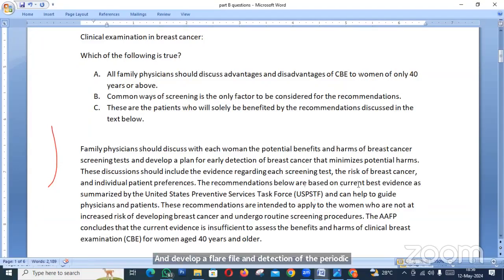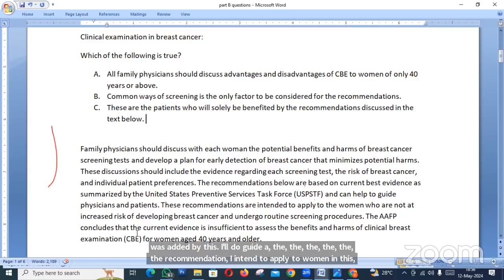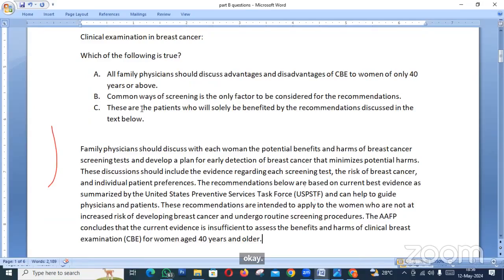These recommendations are based on current evidence, which concludes that the current evidence is insufficient to assess the benefits and harms of clinical breast examination for women. These are the patients who will solely benefit from the recommendations.